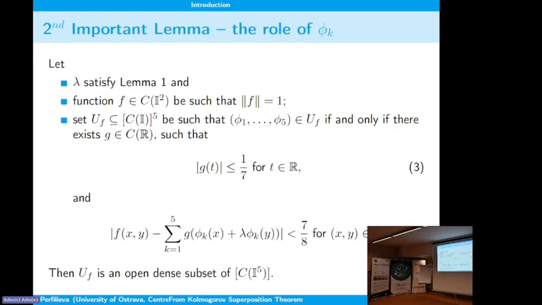This is a very tricky formulation, because first of all, we say that this is the set of all functions such that there exists a function g with this limitation, actually boundaries, and such that this expression, which we now analyze, has this boundary.